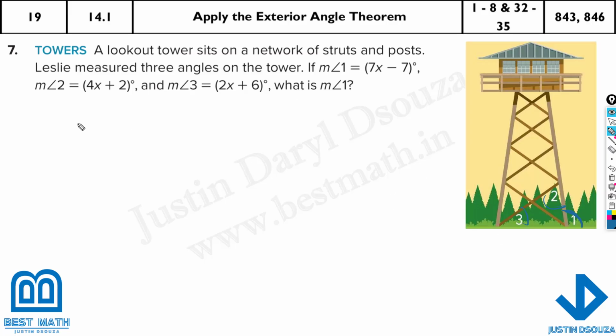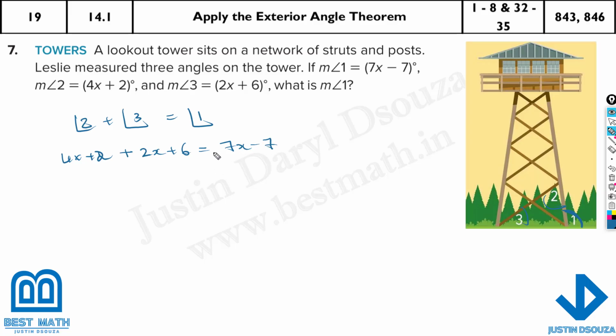Now here, if you look at it, measure of angle 2 plus measure of angle 3 is equal to measure of angle 1 from the exterior angle theorem. You can just write it out over here if you want. So what is measure of angle 2? It's 4x plus 1 plus 2, plus measure of angle 3 is 2x plus 6, that is equal to 7x minus 7.